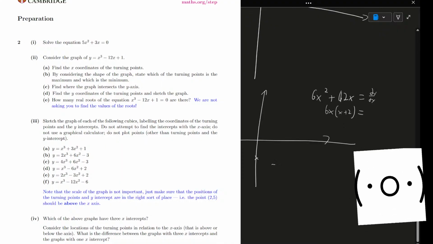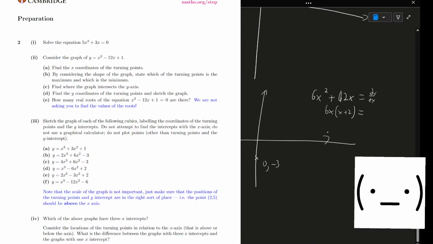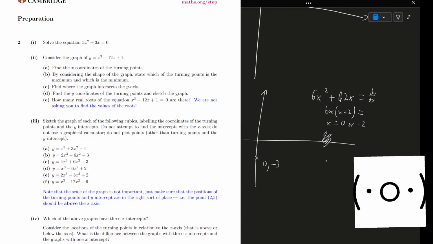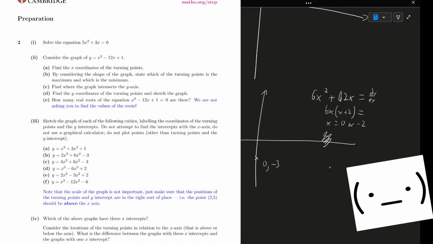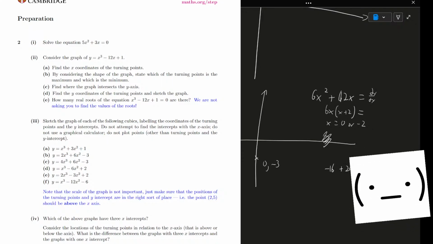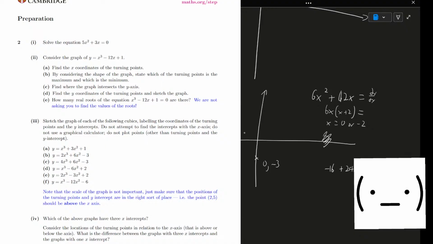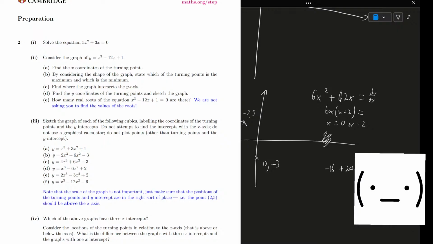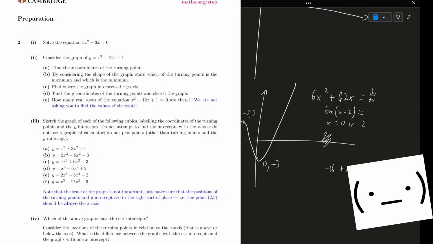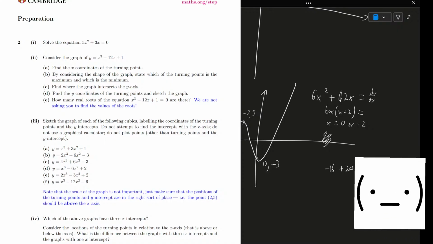This is -3. So -2 is 16 plus 4 minus 3, so that's 5. 2, 5. 5 goes here. You go here. I feel like they're mocking me somehow. Like, I feel like there's some kind of easier way to do this. Is there?